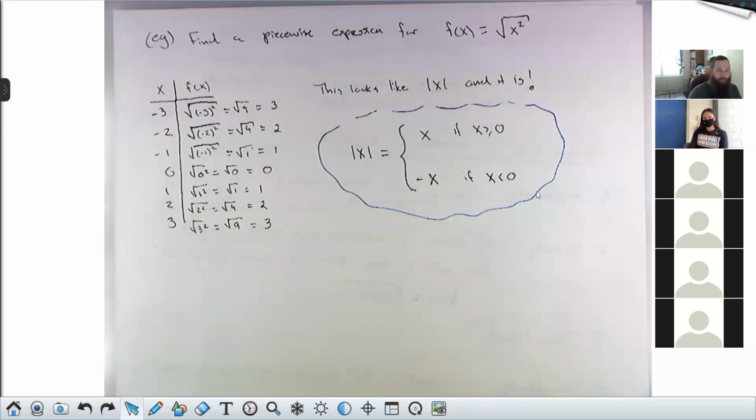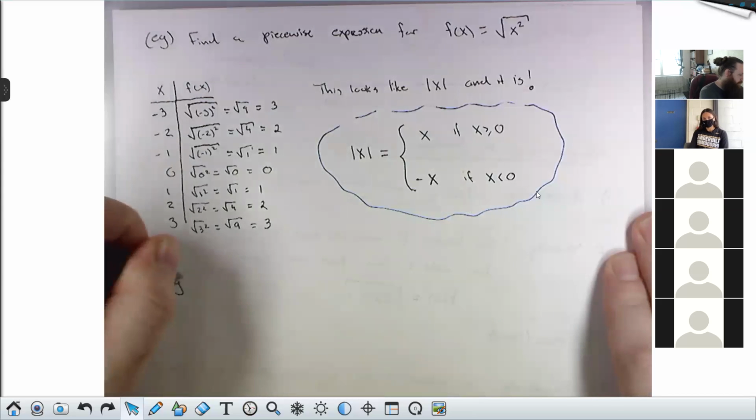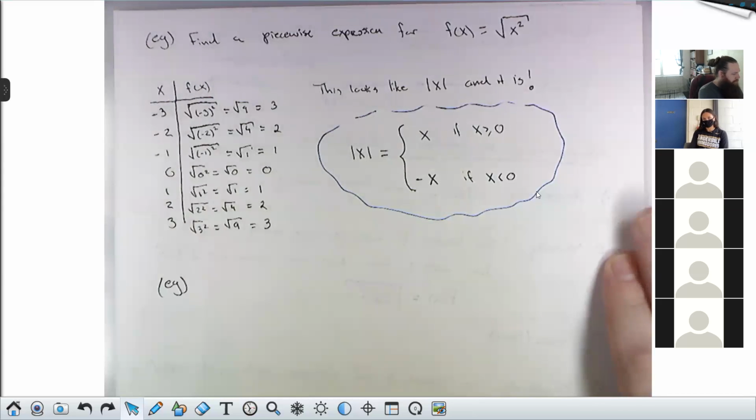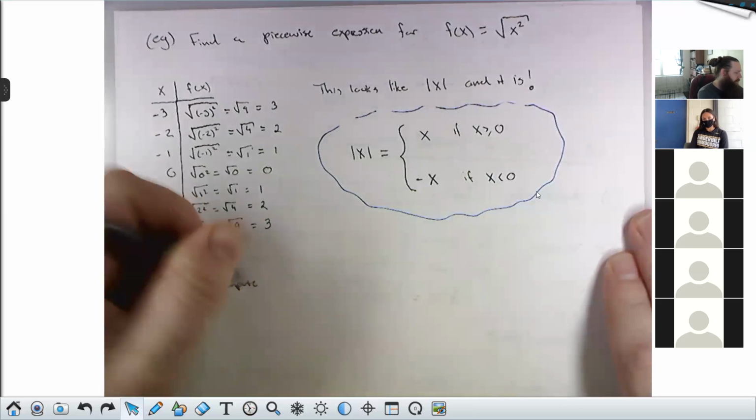Okay. There are some much more exotic piecewise functions. I'd like to show you one other simple one before I show you the weird one.